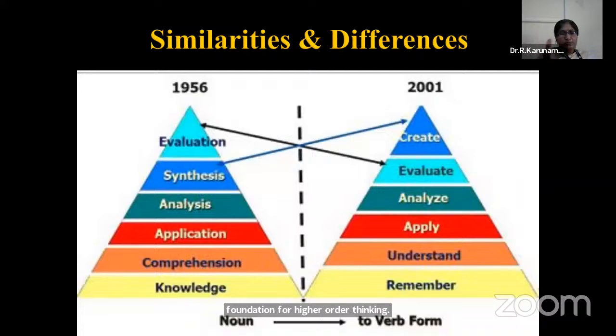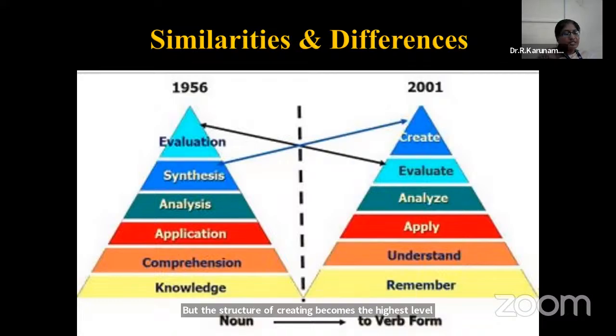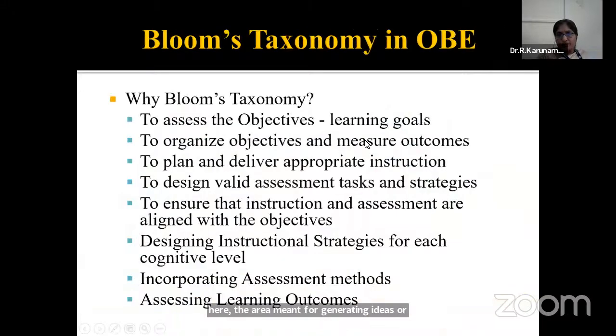What is the difference between the 2 taxonomies is that the noun forms are converted to verb forms. And also there is a change in the higher order thinking skills. With the new structure, creating becomes the highest level, the area meant for generating ideas or constituting a new point of view.